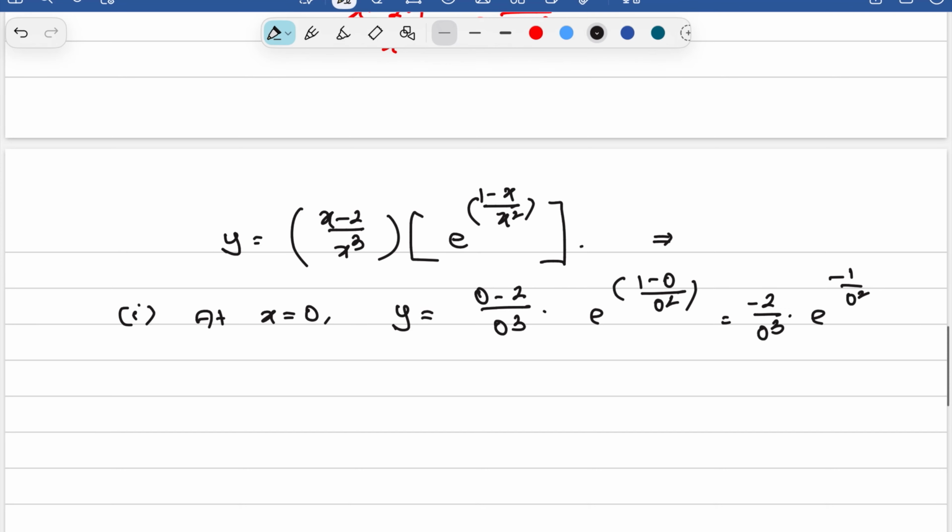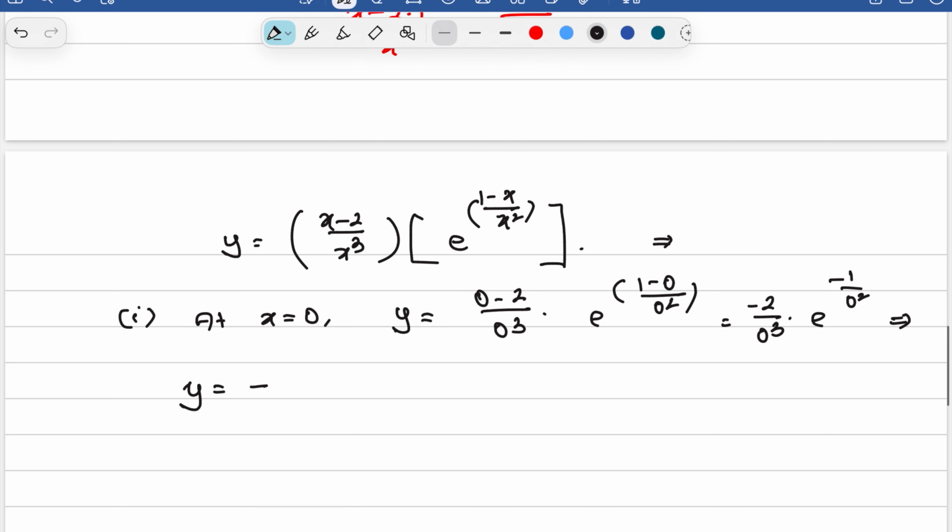That implies y is equal to minus 2 by 0 cube, which is minus infinity, into e to the power of minus infinity.